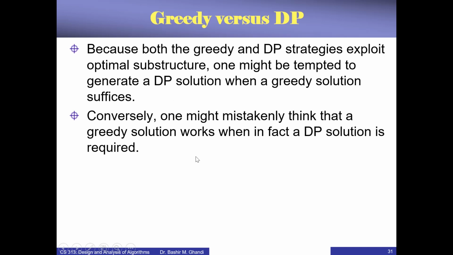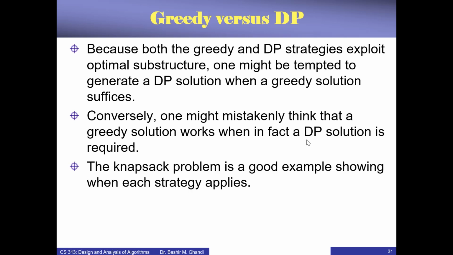Conversely, one might mistakenly think that a greedy solution will work, while in fact you have to do it using DP. We're going to take an example called the knapsack problem to emphasize these two points. The knapsack problem is a good example showing when each strategy applies.